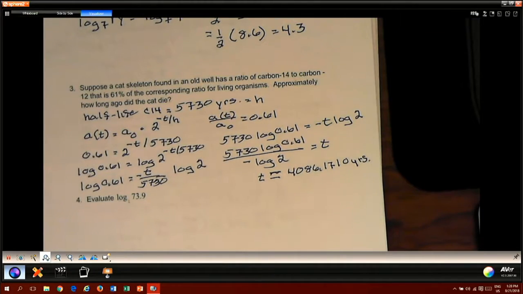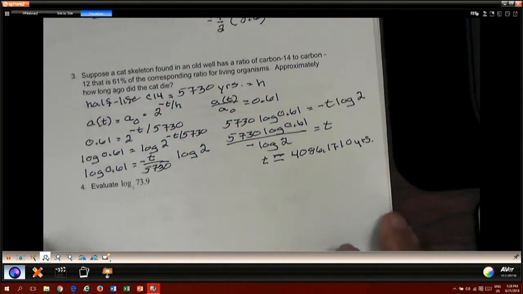So approximately how long ago did the cat die? 4,086.1710 years.